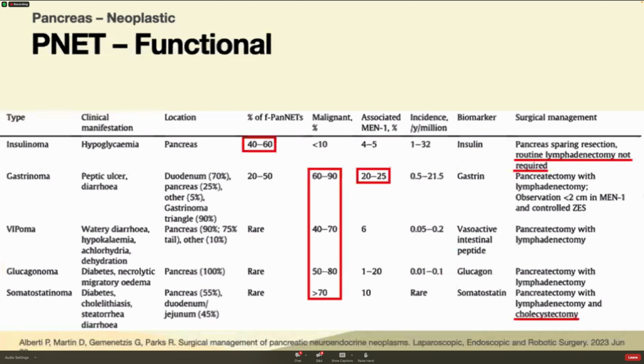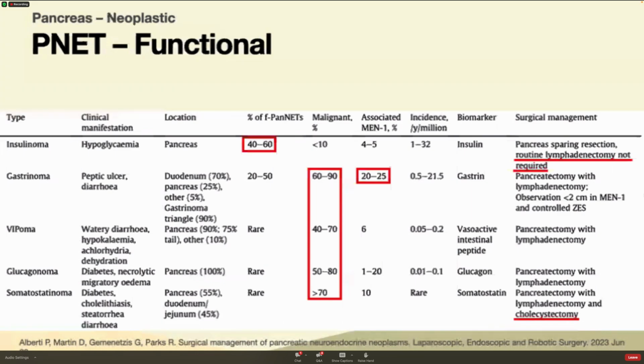So here is a table showing a summary of the functional PNETs. For the clinical manifestation, insulinoma manifests with the Whipple triad and with symptoms of hypoglycemia. For gastrinoma, the patient has peptic ulcer and diarrhea. For VIPoma, the patient has watery diarrhea.